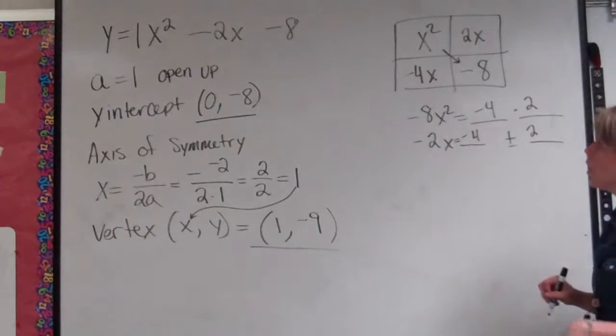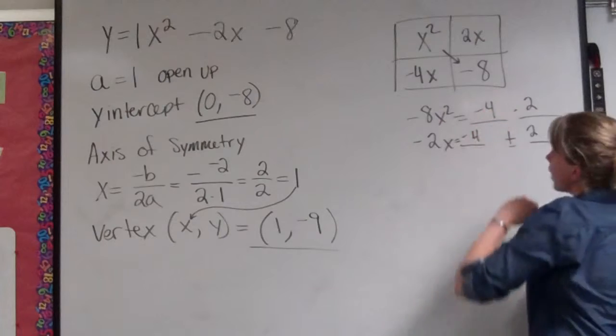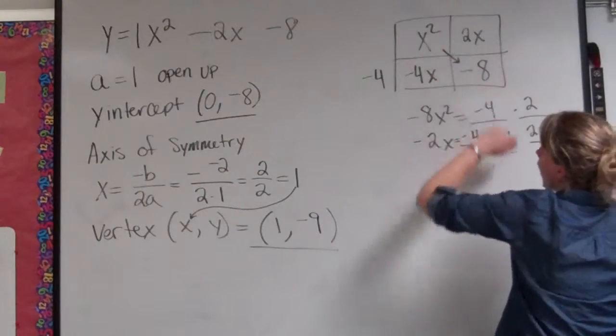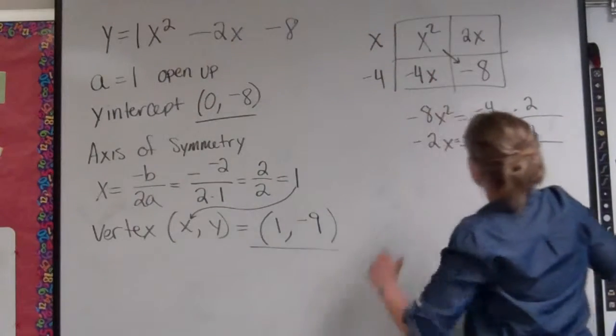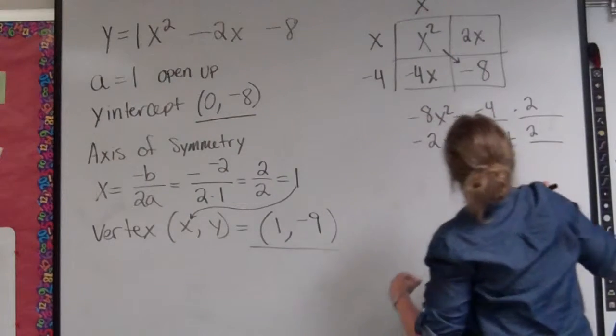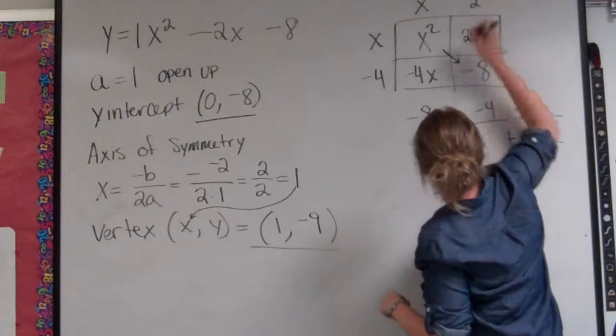Then we can factor. Looking at what goes into both negative 4x and negative 8, that's going to be a negative 4. Here, x squared and 2x, that's x. Going up, x squared and negative 4x, that's x. And the greatest common factor between 2x and negative 8 is 2.